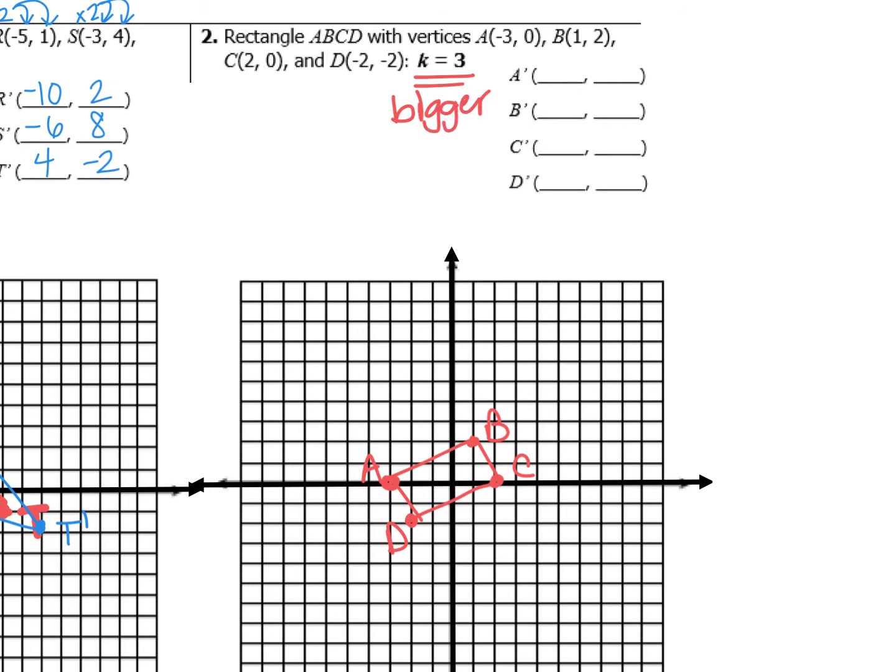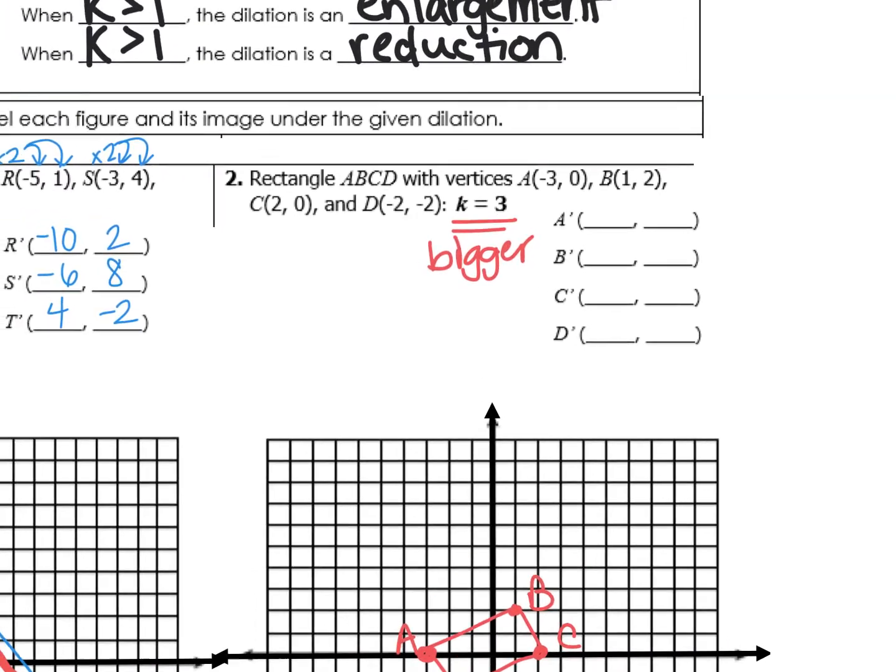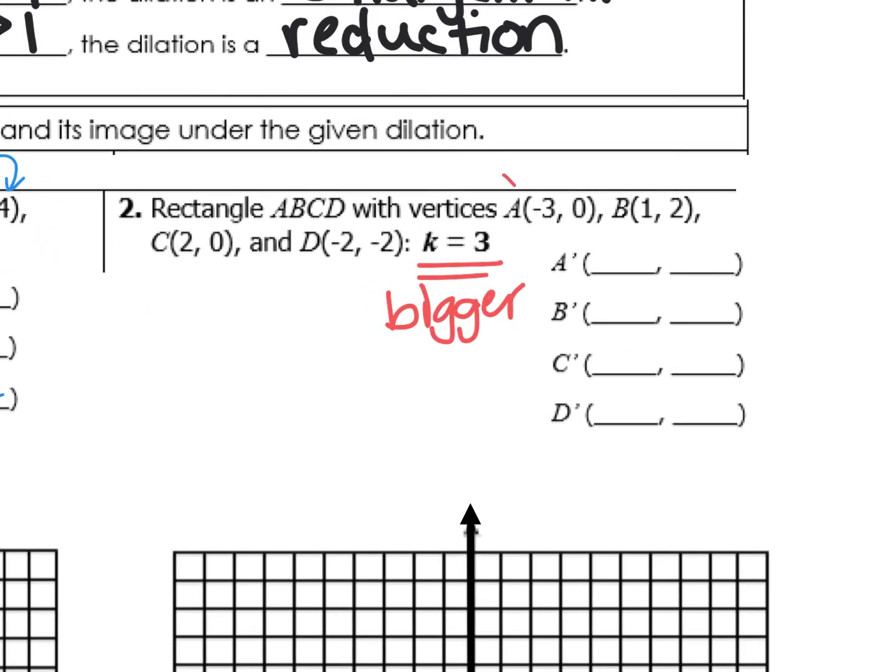To get the new points, I'm just going to multiply the original points by 3. So 3 times -3 is -9. 3 times 0 is 0. So A prime is going to be at -9, 0. Again, for B, multiply both by 3. 3 times 1 is 3, and 3 times 2 is 6.